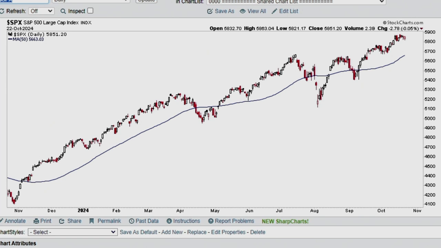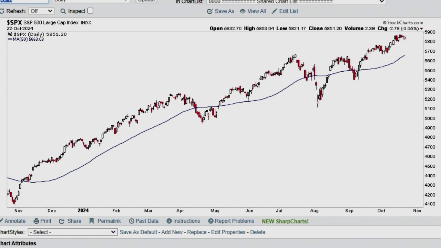Now, what we can also see, just visually by looking at it, we don't have to get real fancy with this, is that on regular bases, the price of the market trades both above and below that moving average. That's why it's an average. You can't have an average if you don't trade below it every now and then, because that's how you get an average.